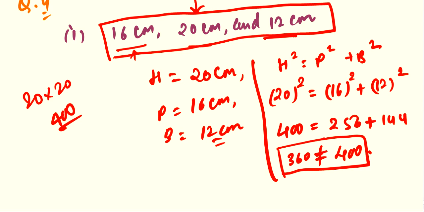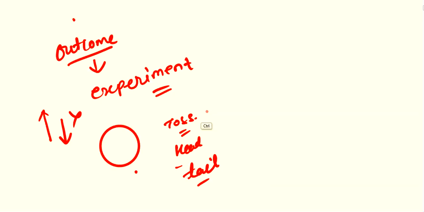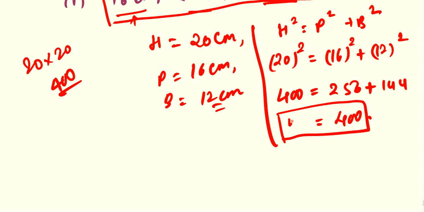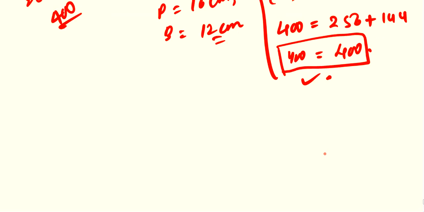So that means you are not able to make a right angle triangle here. If you are getting LHS and RHS both same, then you can form a triangle. So 400 equals to 400. Question number 4, second you can solve. Then question number 5.